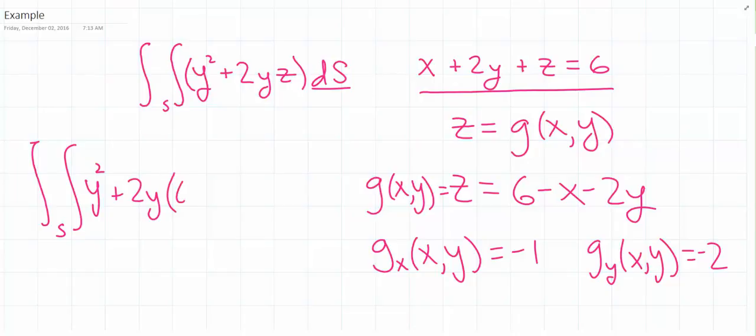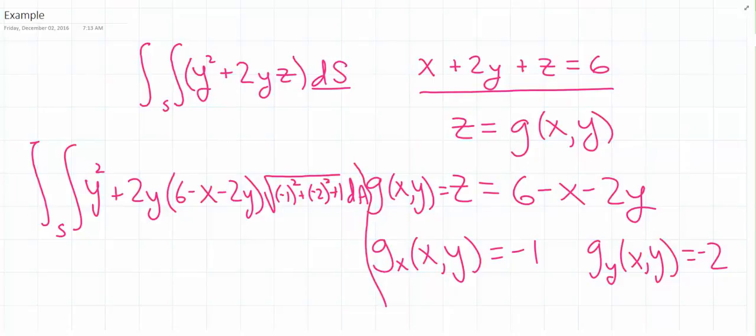Z is 6 minus x minus 2y. And then I need to put the rest of it. So I've got -1 squared plus -2 squared plus 1 dA. Kind of ran out of room here.